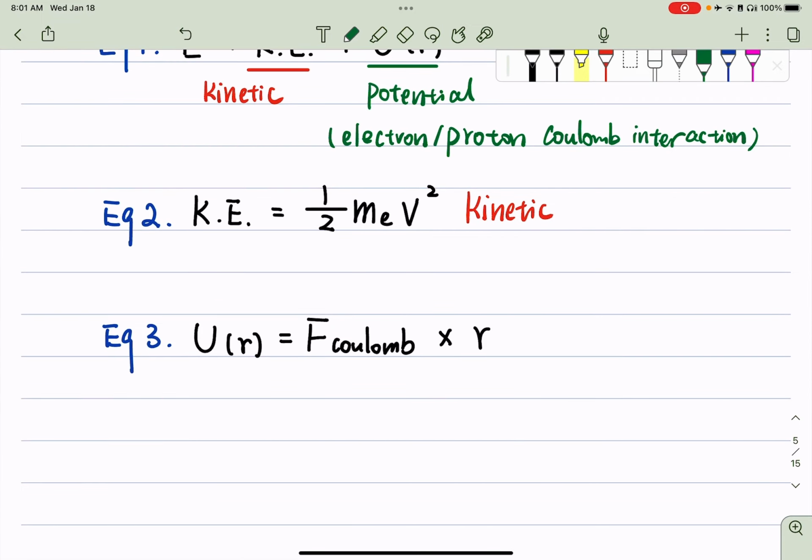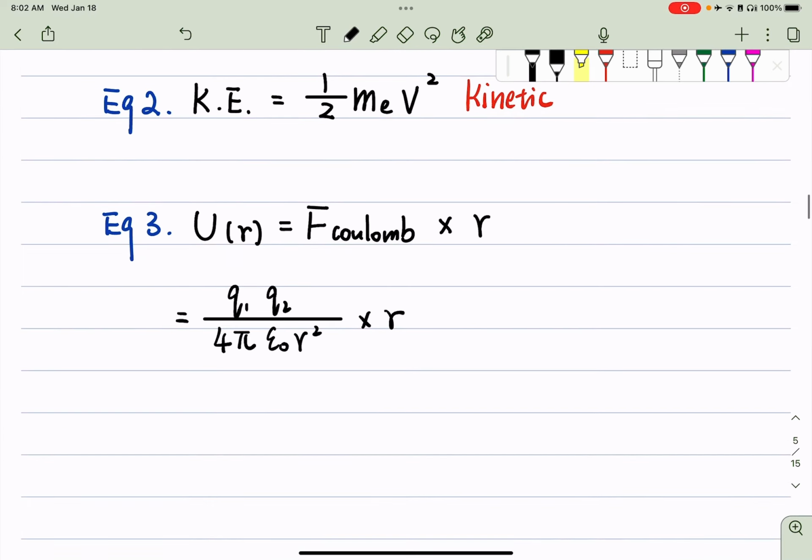For the Coulomb potential, it's the Coulomb force times the distance between the nucleus and the electron. So we know the Coulomb force between the nucleus and the electron is Q1 Q2 over 4 pi epsilon naught r squared, times r.